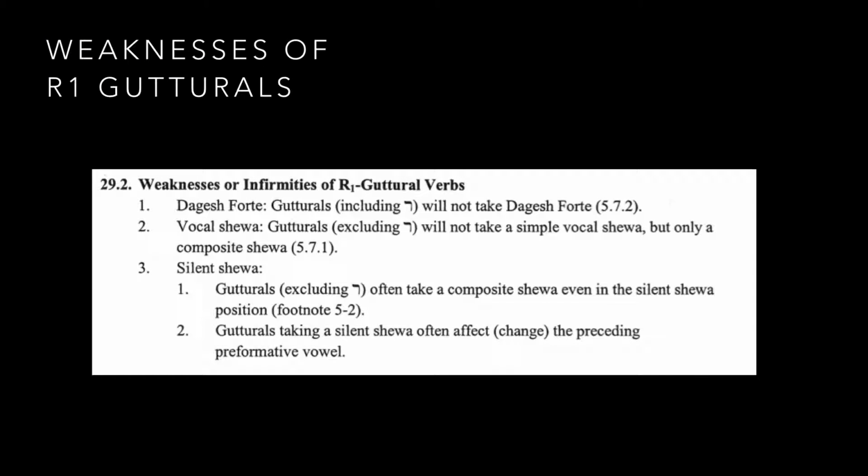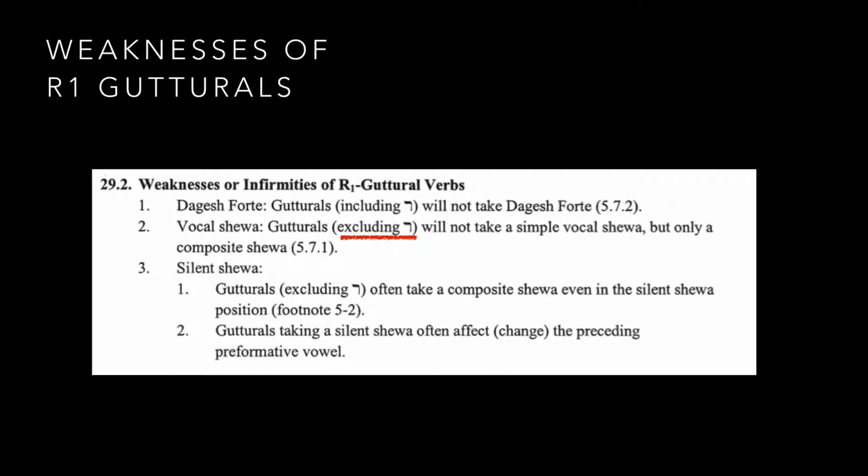Weaknesses of the R1 gutturals, we have a dagesh forte issue. Now, this issue is going to include the resh, because remember, reshes act like a guttural as it relates to the dagesh forte. They are going to reject that dagesh forte, so keep that in mind. We have a vocal schwa problem. This is going to exclude resh because reshes can take a vocal schwa.